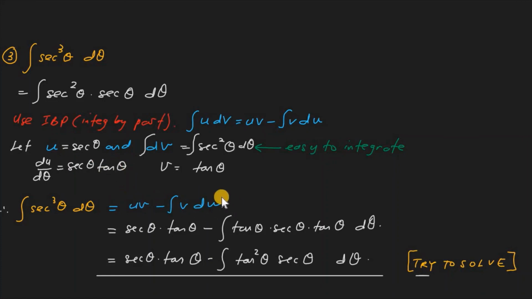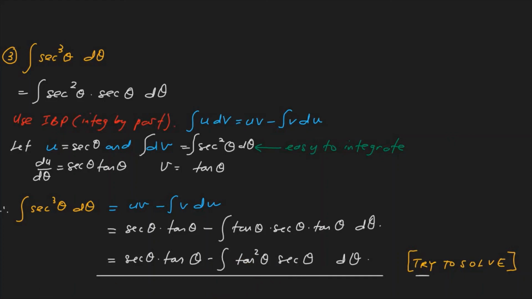Put into the formula, uv minus the integral of v du, where du is secant theta tangent theta. So we are left with tangent theta secant theta.